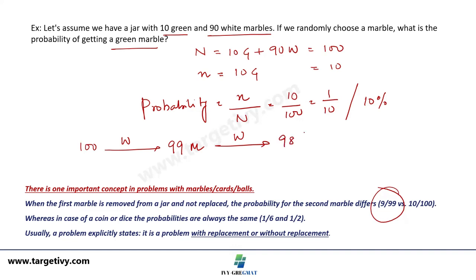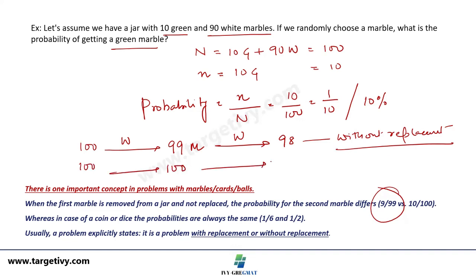But this is without replacement. If we replace it, then this 100 remains 100. Then this remains 100. So our N will differ in both the cases, right?